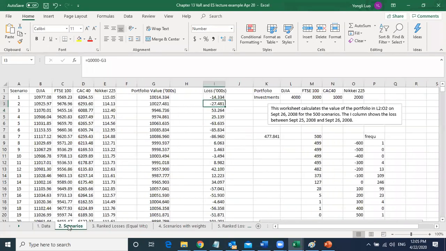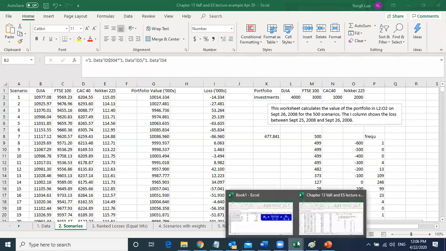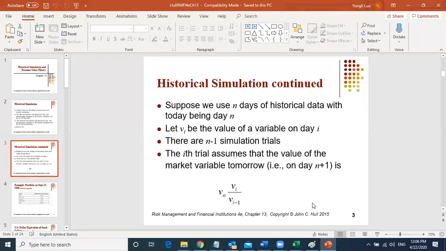Next we create different scenarios. How do you create a scenario? The first one is 10977. Remember, this is the first one you got, from this PowerPoint.